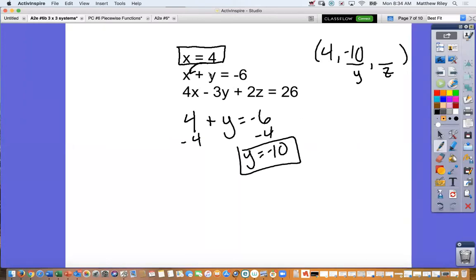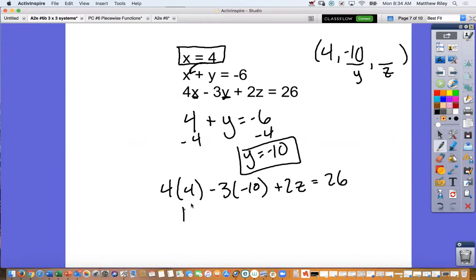Then once again, once I know one of them, this all starts to fall into place. So if x is 4, that means y is -10. And if I know both of those values, I can plug in both of those values. So x is 4, y is -10, and now I can solve for z.